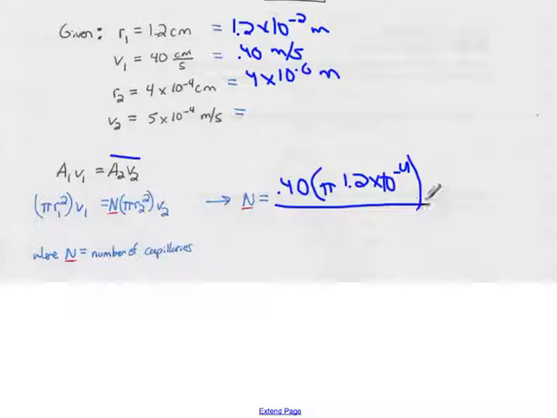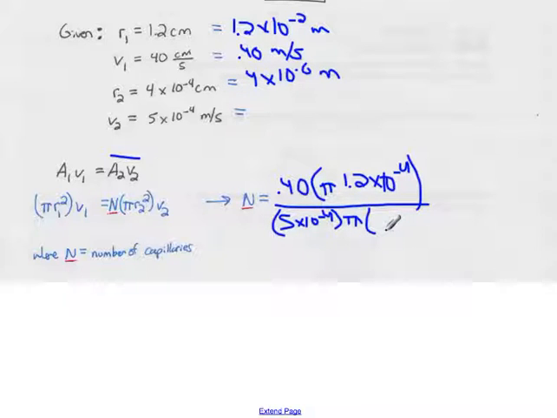And then on the bottom, we've got v2, which was 5 times 10 to the negative fourth. See how nice it is if you have all those units resolved at the very beginning of the problem into standard SI units. It's so much easier. And then, oh, the pi's cancel out, don't they? I'll put mine in there, but you didn't even have to do that.